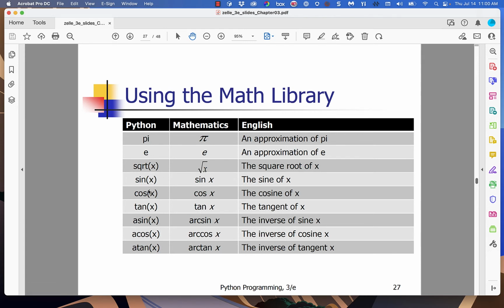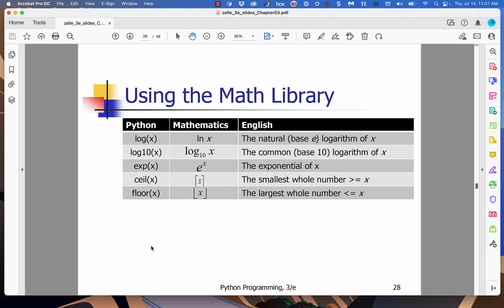We have a bunch of trigonometric functions, and we've got square root. If we want to do exponentiation, and we don't want to do it with the built-in star operator, we can use math.exp.